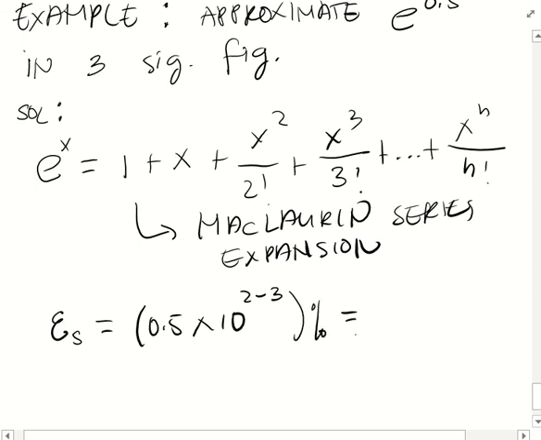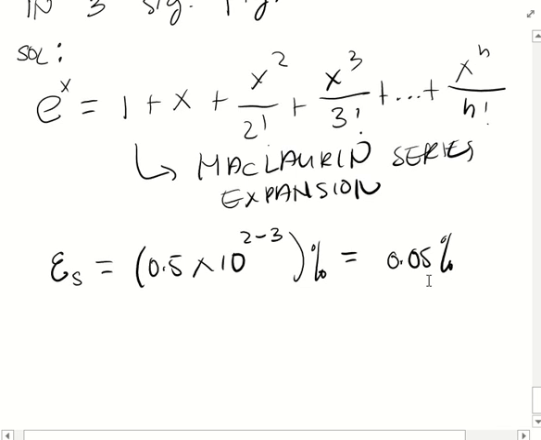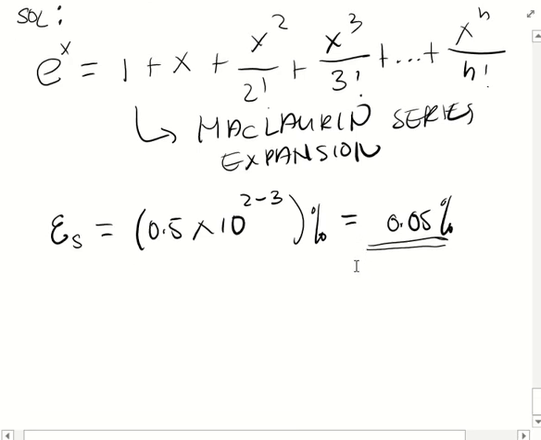To calculate this one, the answer will be 0.05%. So we stop our iteration when our approximate error is less than 0.05%. This is our stopping criterion, so remember that. We can now continue to solve for the approximate error. So first, let's consider the first one. e raised to x is equal to 1 plus x.